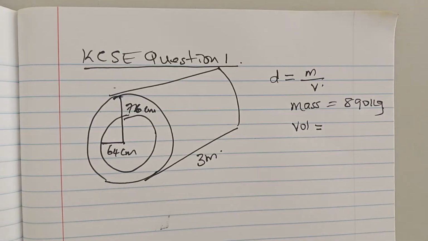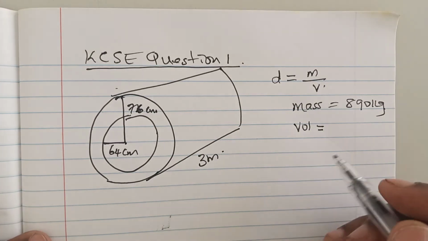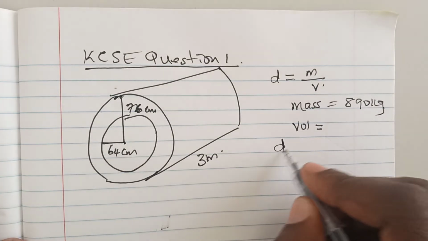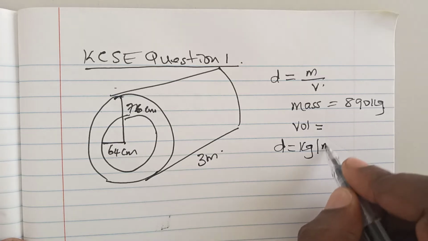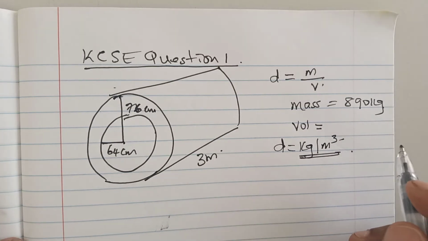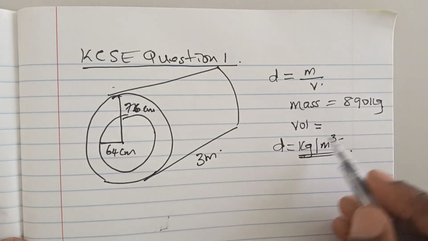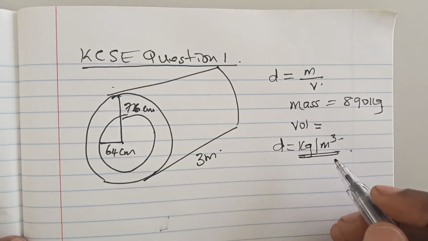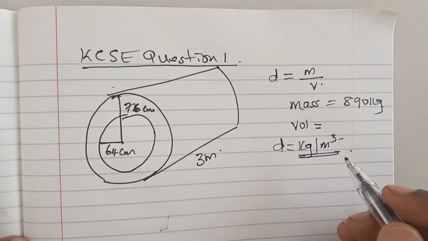First things first, we are expected to give our answer for density in kilograms per meter cubed. So we must calculate our volume in meters cubed.